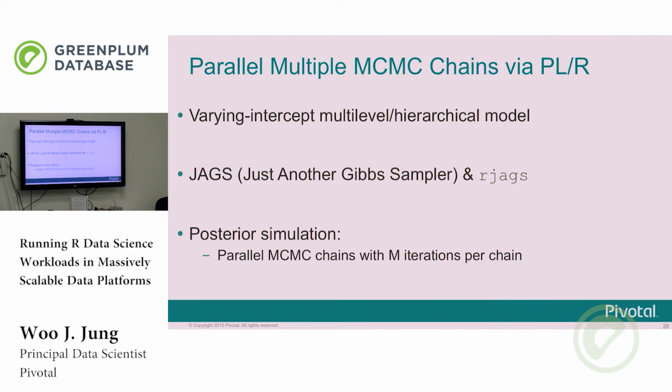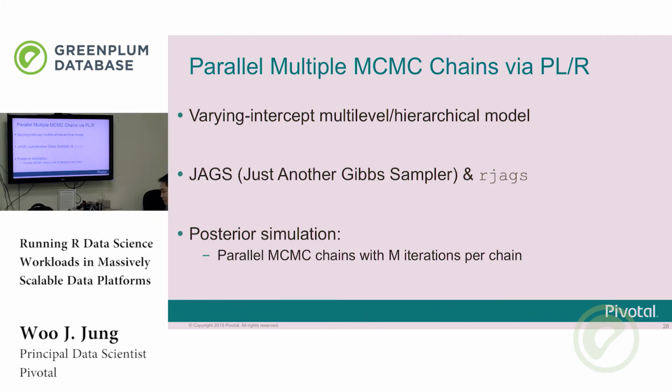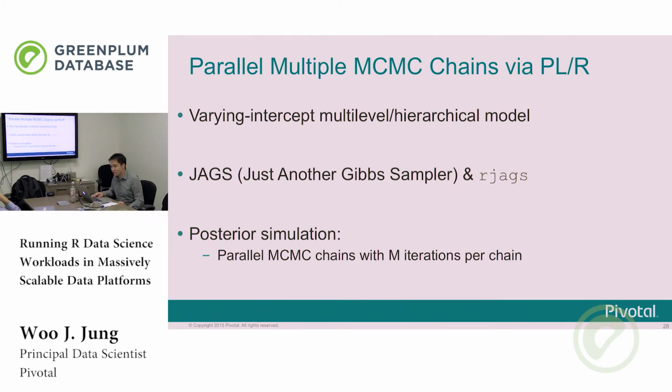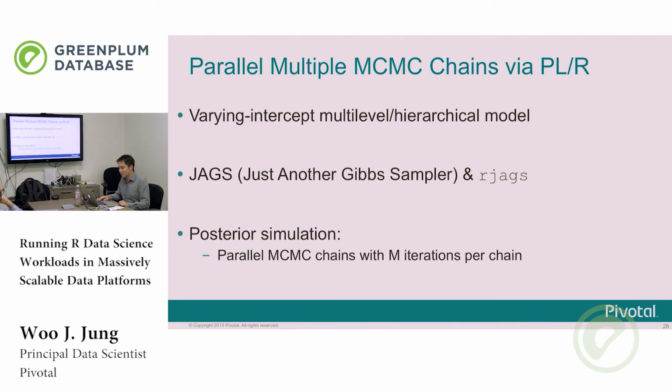In the very same way that we've described how to run a linear regression model for each state in your data, what we're doing in this workflow is running a simulation of an MCMC routine on every single node or segment of Greenplum Database, right?